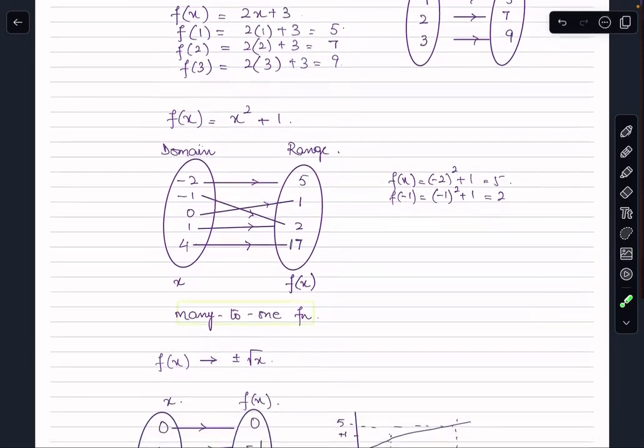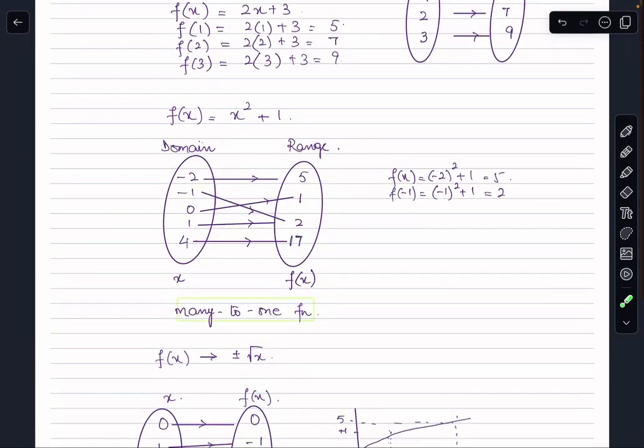Or even if I say f(x) equals x squared plus 1, sketching the graph, I can see that this is the parabola for the function.